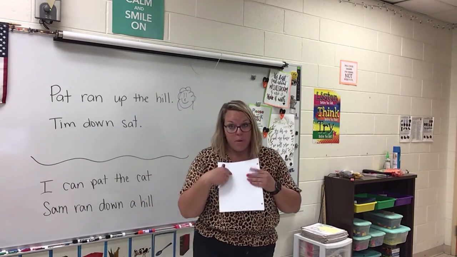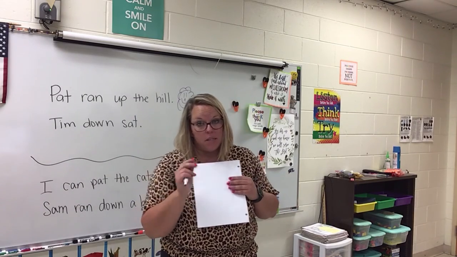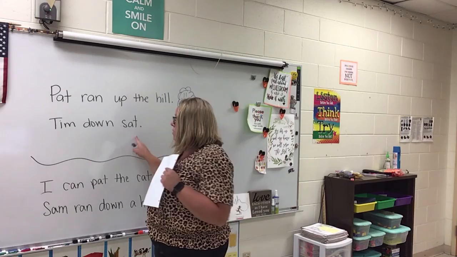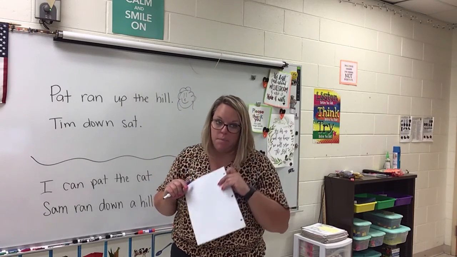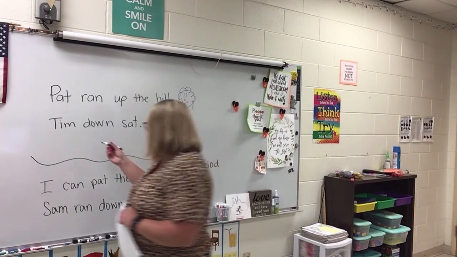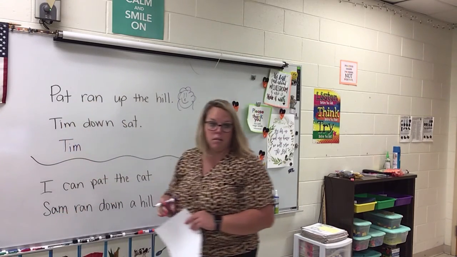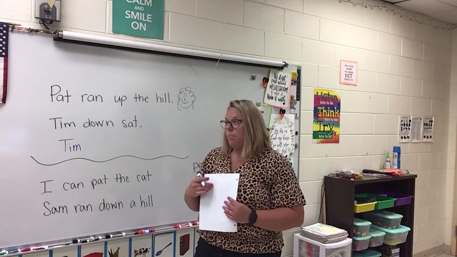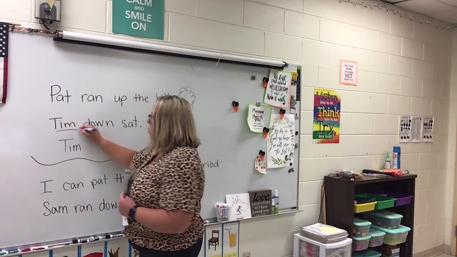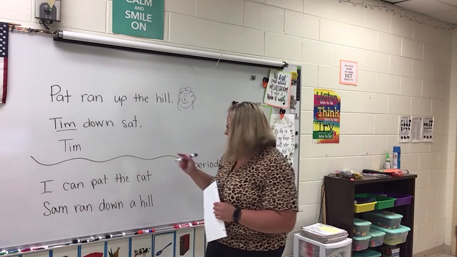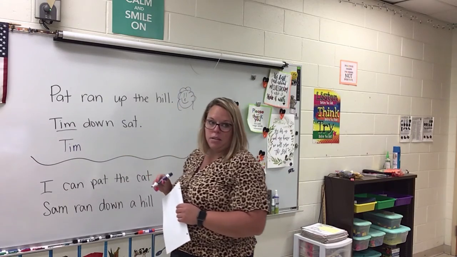On the back of your paper, you're going to rewrite this sentence so that it is correct. Tim down sat. What is the first word going to be? The first word is going to be Tim. Make sure that Tim has a capital T. Go ahead and write that. Tim. Capital T, Tim. What do we know about Tim? Tim down or Tim sat?